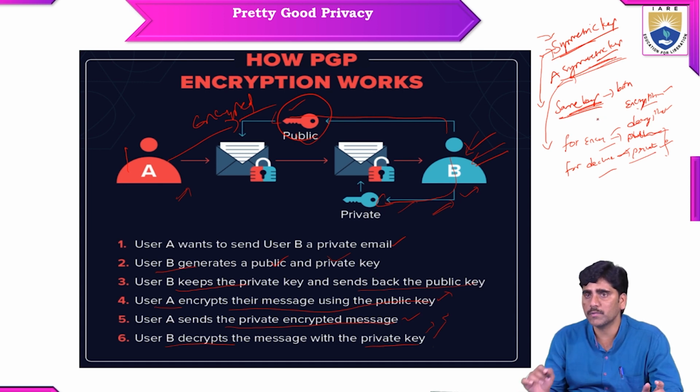But the asymmetric process uses different keys for encryption and decryption. For encryption there is one key, the public key, and for decryption there is another key, the private key. Using these symmetric and asymmetric keys, user A or user B can send their mails securely.